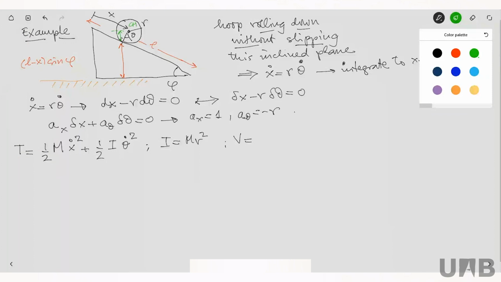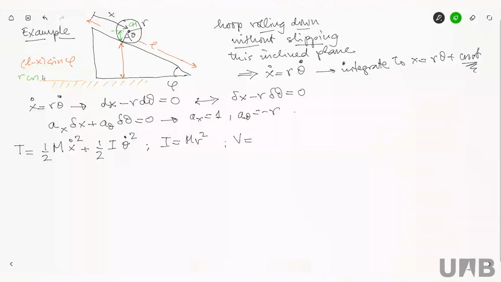Let's compute the green part as well. If the radius is r, the green part is going to be r cosine phi. You agree? Notice that this angle here is also phi. So this height in green is r cosine phi.